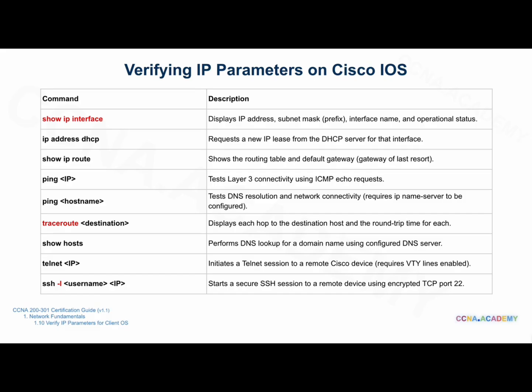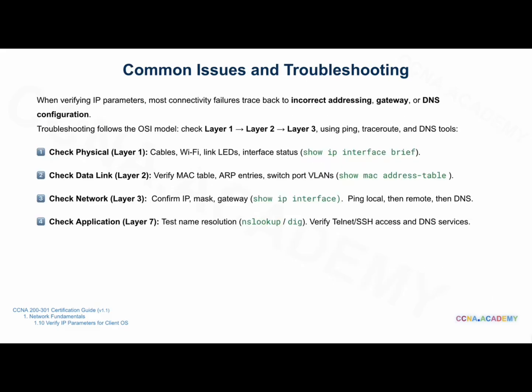When something doesn't work, always go layer by layer. If there's no link light or Wi-Fi, that's a layer 1 issue. Check cables or interface status. If the interface is up but you can't reach other devices, check the MAC table or ARP entries. That's layer 2. If you can ping locally but not outside your subnet, inspect your gateway and routing.